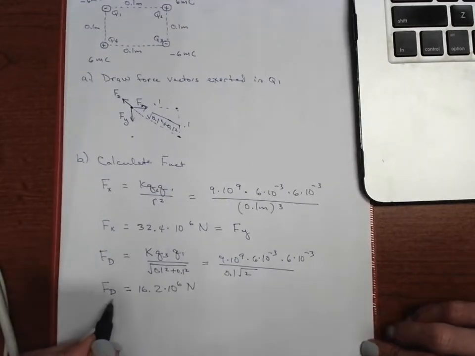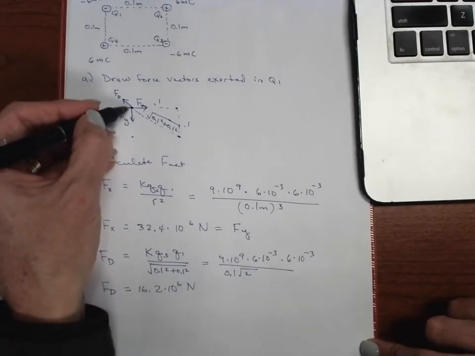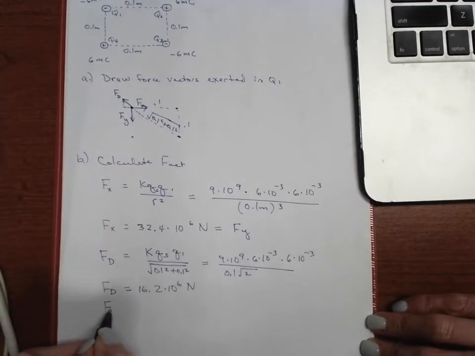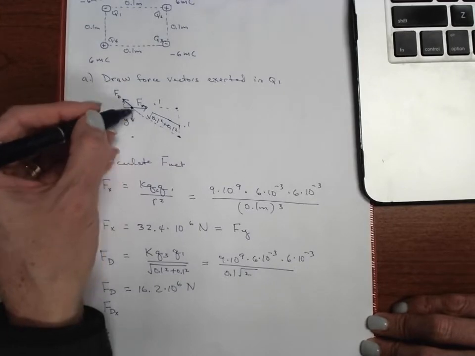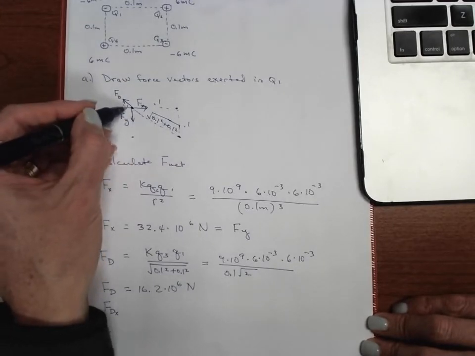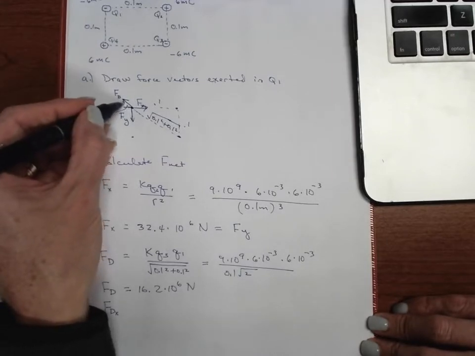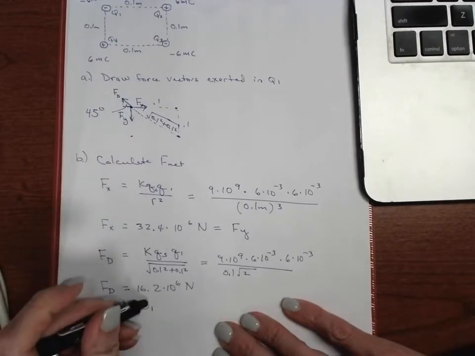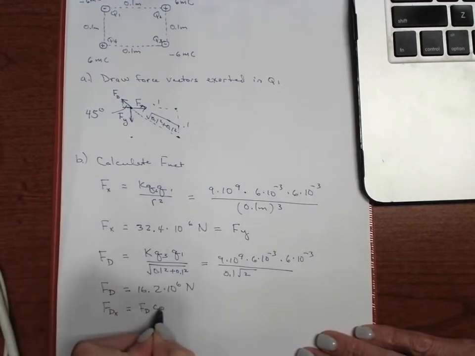Okay, so now that I have this hypotenuse, I need to find the x component and the y component. So let's do Fd sub x. This is a square, so my angle is going to be 45 degrees. If I'm trying to find this component, this is adjacent, so this is going to be cosine. So this is going to be Fd, the diagonal, times cosine of 45.